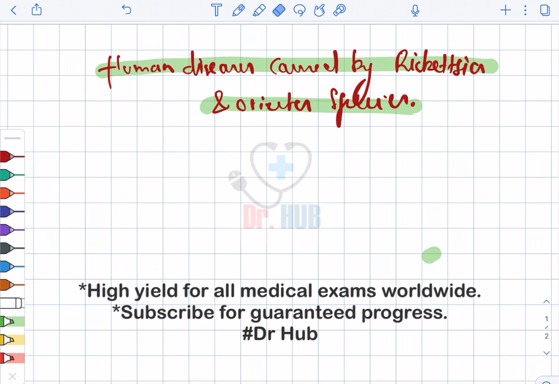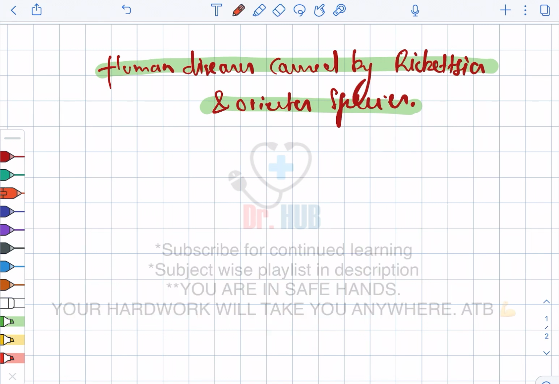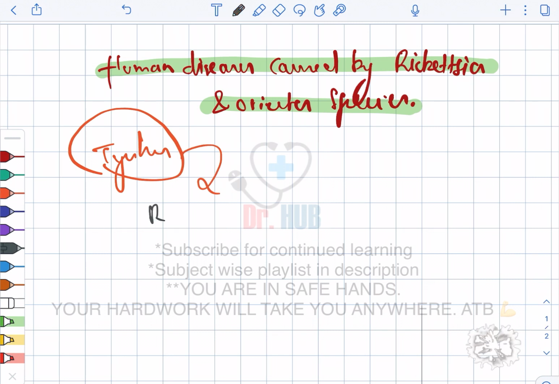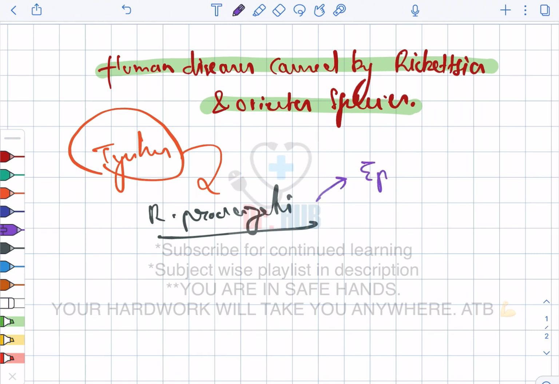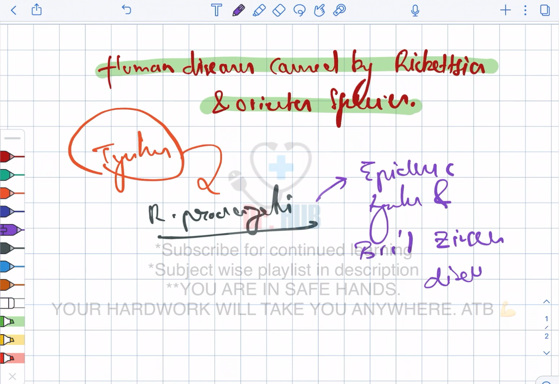Today we are looking at the human diseases caused by Rickettsia and the Orientia species. In case of the typhus group, it includes R. prowazekii. The diseases caused are epidemic typhus and Brill-Zinsser disease.